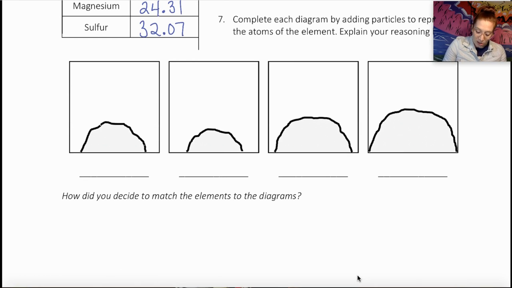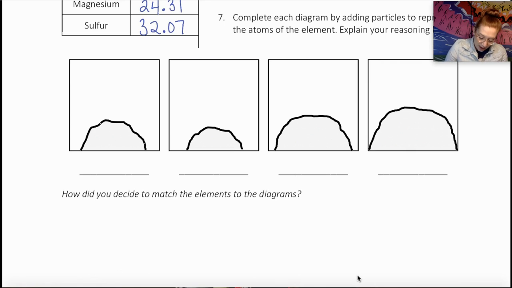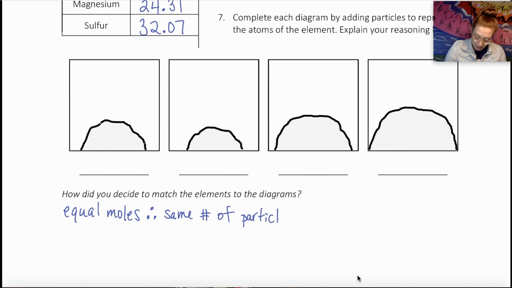We know they have equal moles, which means they're going to have the same number of particles. Again, because these are all elemental substances that are monatomic, these are going to be atoms as our particle name.